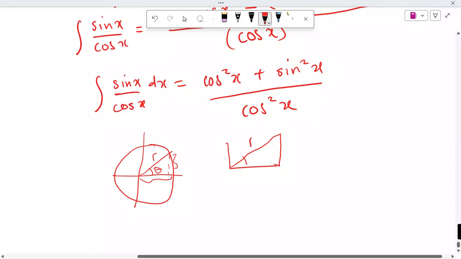So this is r, this is theta. So this is your x, this is your y.